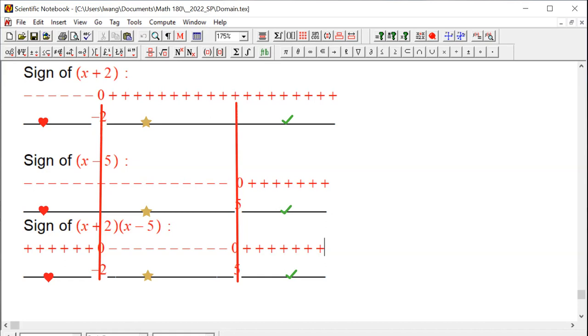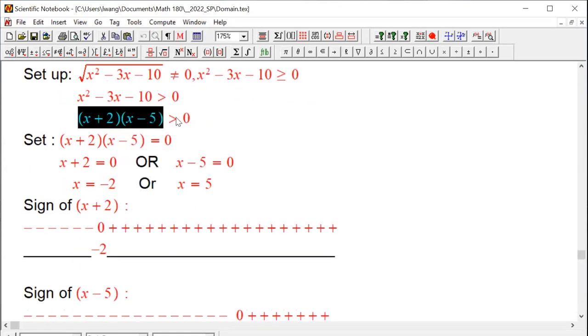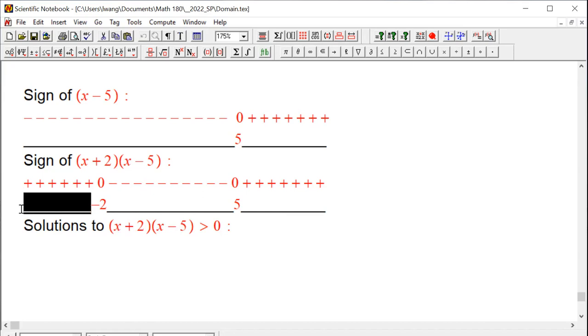And what do we want? We know the sign distribution of this product. What is wanted is that we want the product to be positive. So where do we get positive? The solutions to this positive requirement, which is to determine the domain, is when this product is positive, so over here or over here.